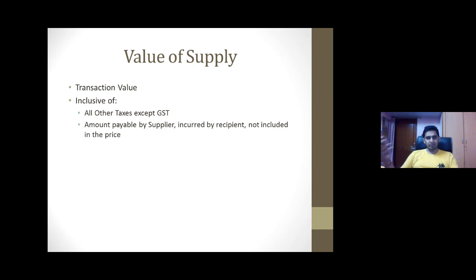Now, how would that be possible? Let's take the example of a stitching service. On Diwali, you must have purchased new clothes, or some of you might have got your clothes stitched by a tailor.